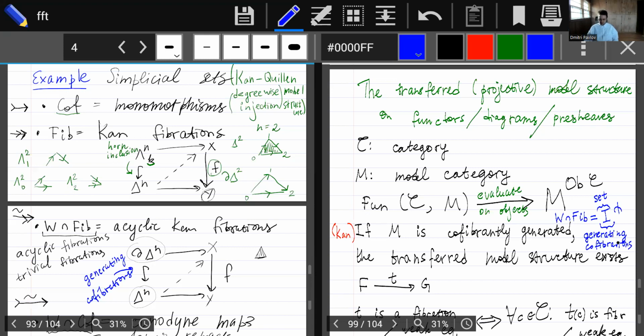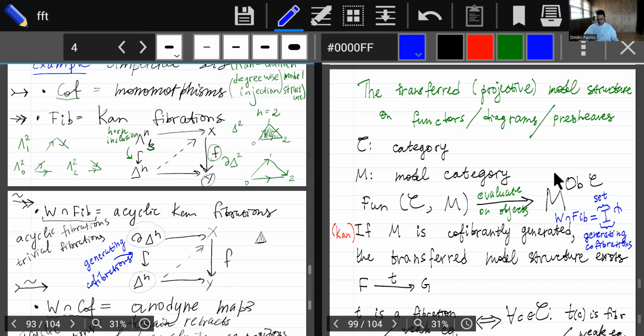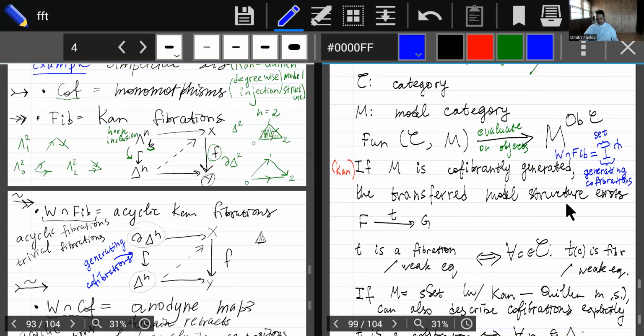All right. So this condition is not a very restrictive condition. It can be satisfied in pretty much every single example of interest. All right, and so typically you can expect the projective model structure of functors to exist.